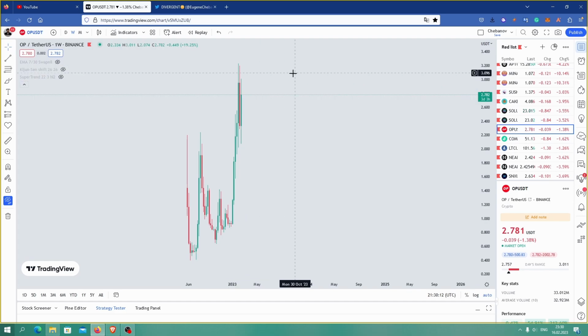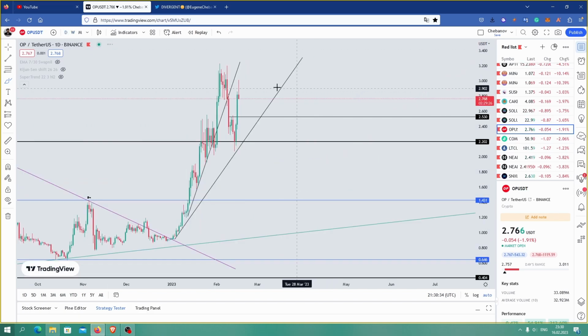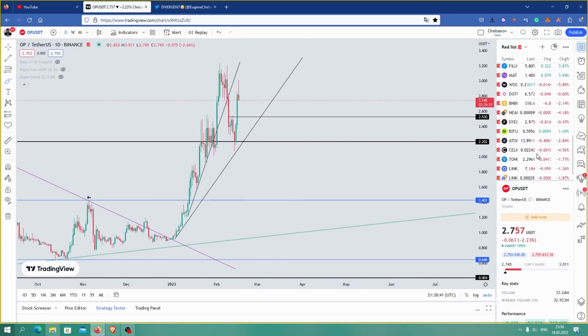Definitely after this candle, no matter how high we go up, we are positive. We know that the price will go at least to 220, and in my opinion up to 180, 160. We will reach 180, 160 at some point on Optimism. We just need to hold it and wait for the weekly and monthly closing. Just don't rush with your decisions here.